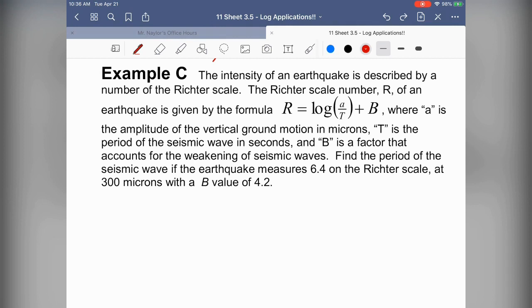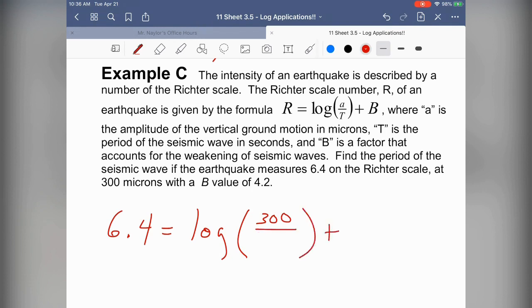So new formula, but can we make sense of it? I think we can. First of all, it looks like 6.4 is that Richter scale number. We can actually plug that in for R. It looks like we've got this amplitude value, amplitude of 300. Remember that amplitude is just the distance from the midline of a graph to a max or min.